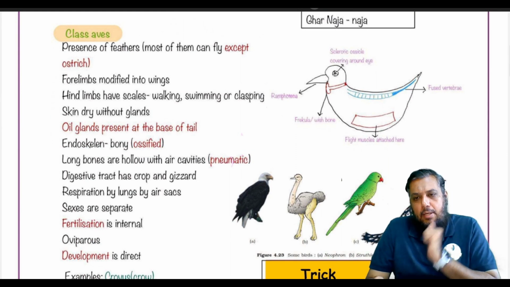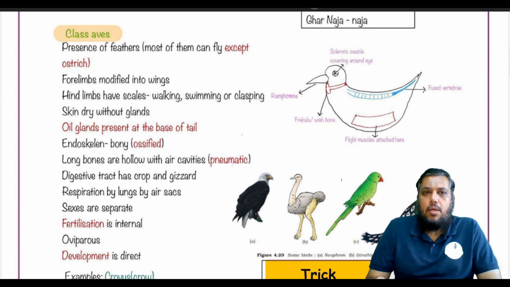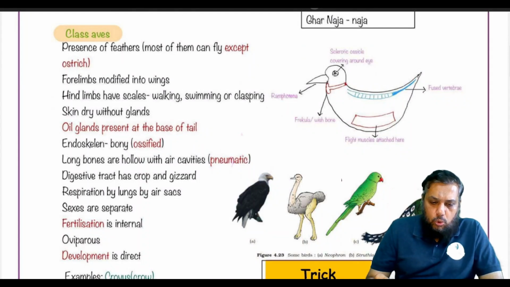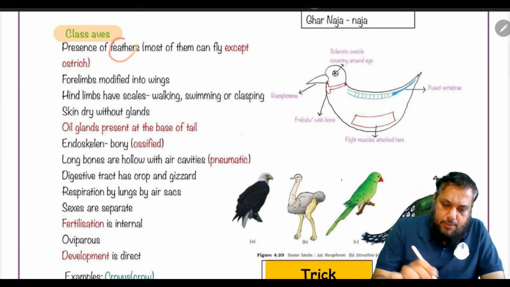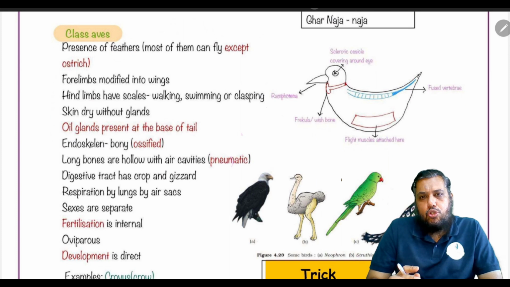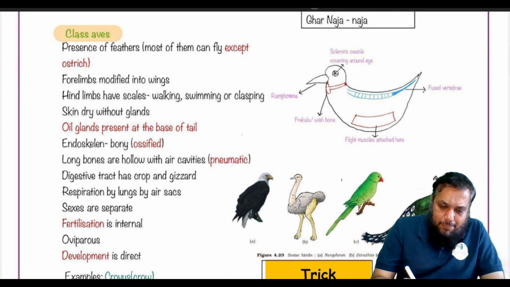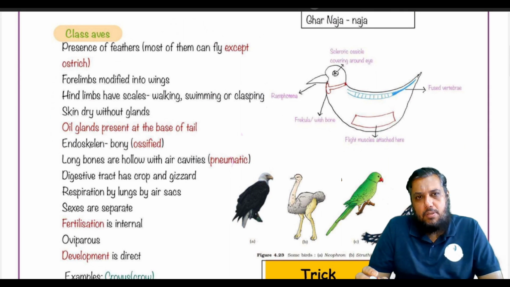अब next जो आता है वो आता है class Aves. Their characteristic features are they show the presence of feathers. इसलिए देखो most of them can fly with the help of their wings, except a few which are flightless birds, like ostrich, hen, emus, they cannot fly.